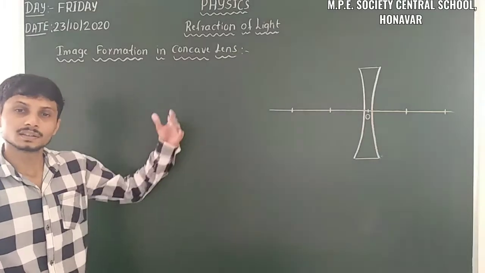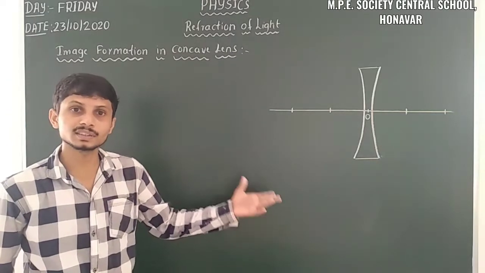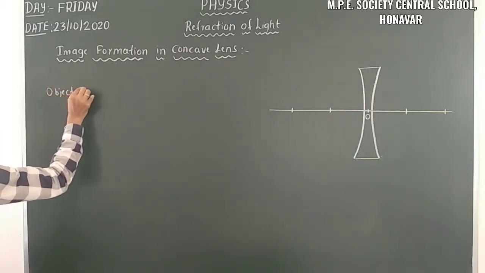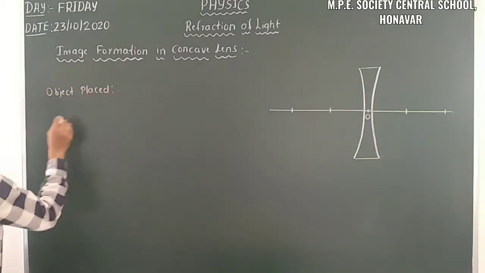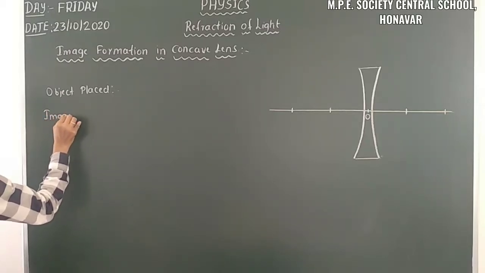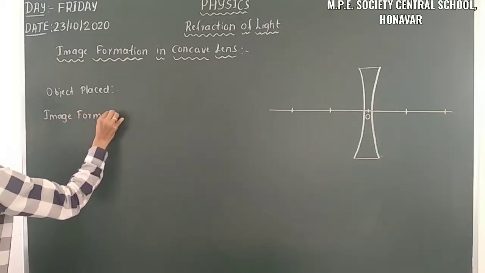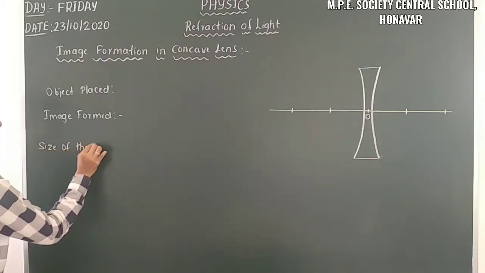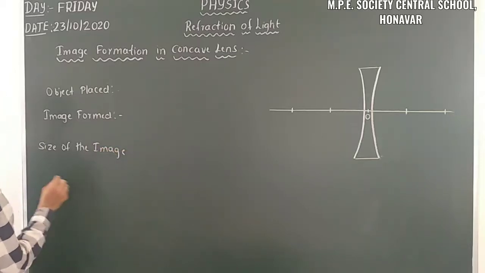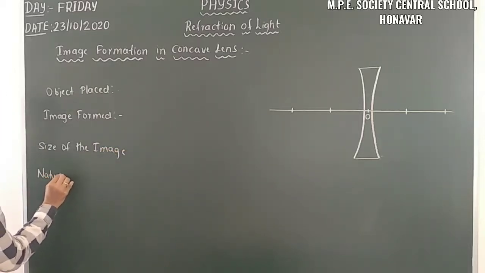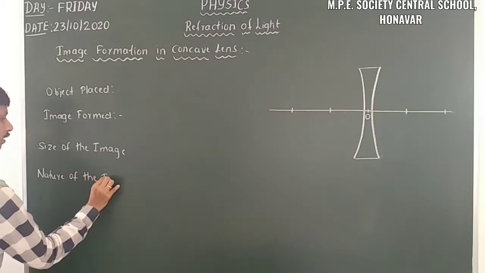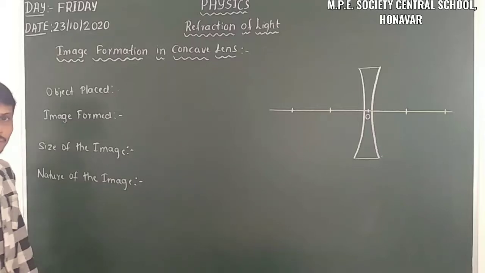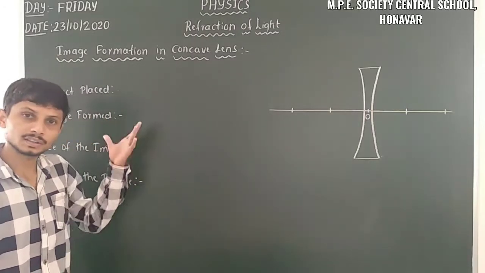So likewise, as in the image formation in convex lens, here also we have to write the object placed, image formed, and size of the image, and nature of the image. Yes. So here we have to write all these conditions.